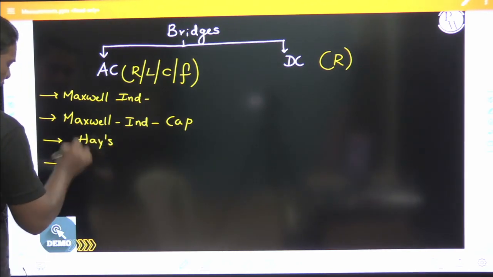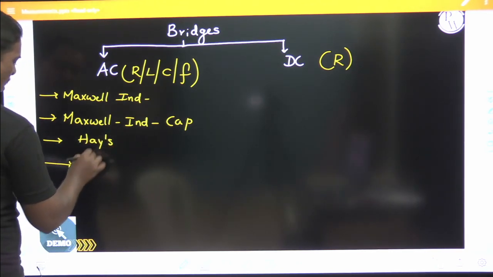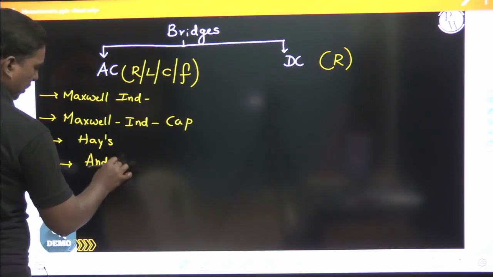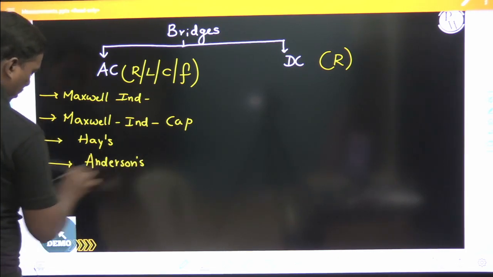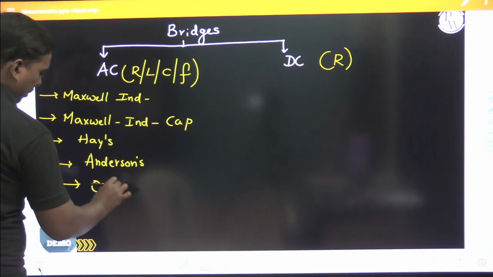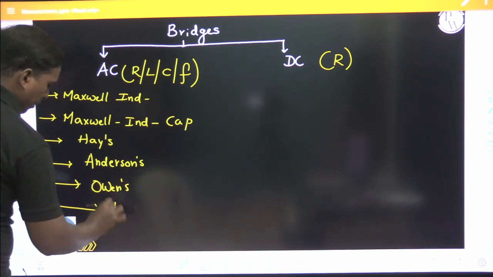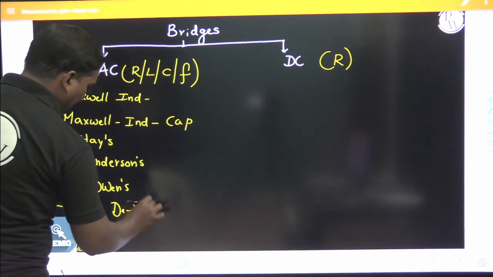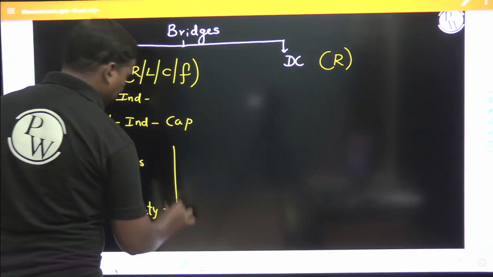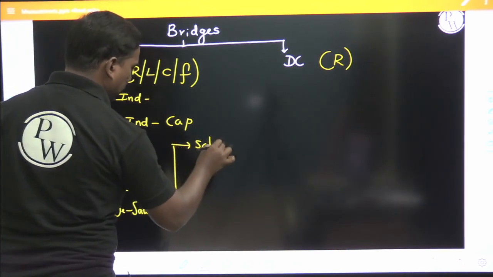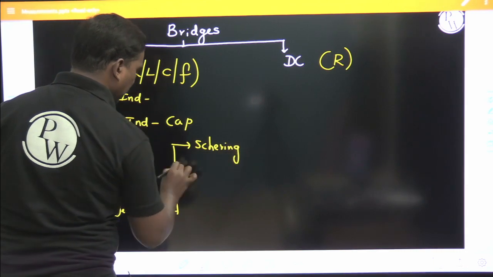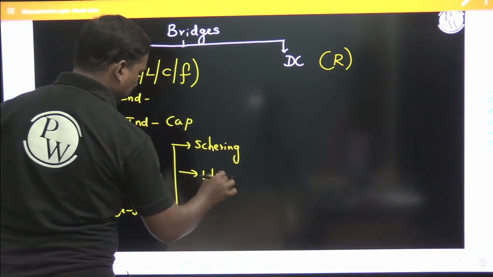Next comes Anderson Bridge. Next comes Owen's Bridge. Next comes De Sauty Bridge. And next comes Schering Bridge. And the last one, Wien's Bridge.